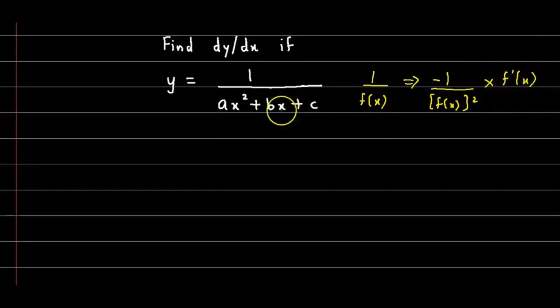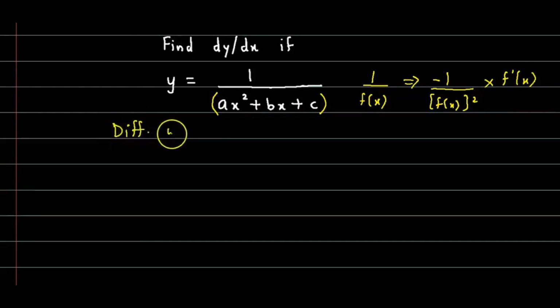So here basically we have to use the chain rule. This is our function f of x. So the derivative of 1 upon f of x is minus 1 upon f of x the whole square into the derivative of f of x. So let us apply the chain rule.